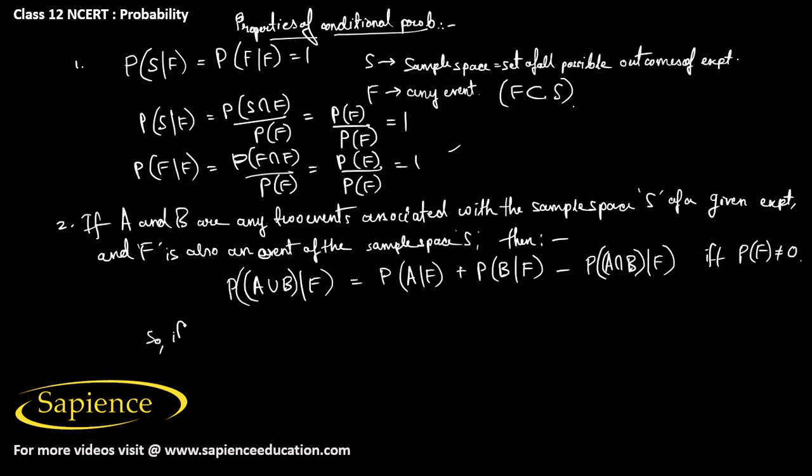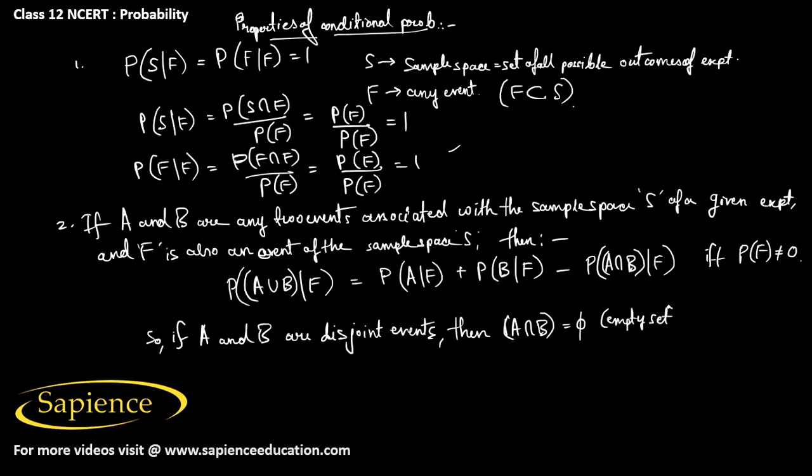So we can say that if the events A and B are disjoint sets, it means they are disjoint events, then the set A intersection B will be phi only. It will be an empty set.